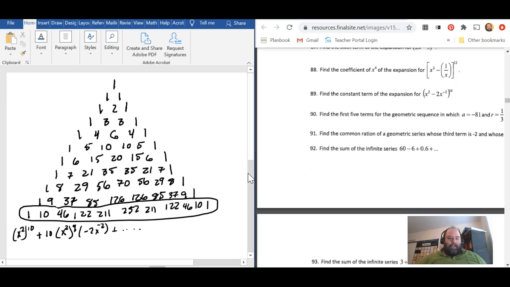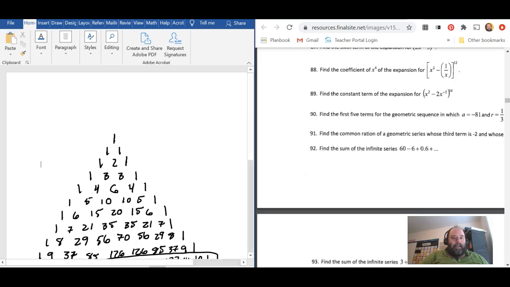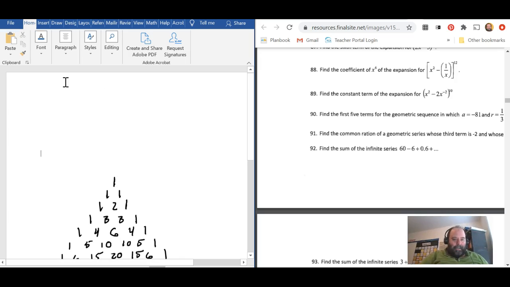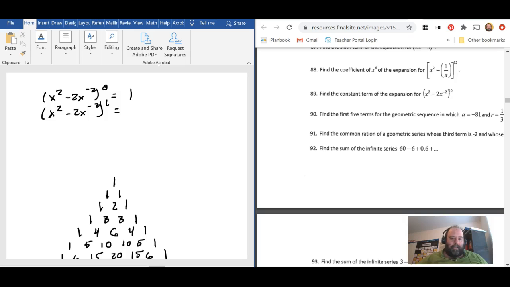The question is which one is the constant term in this? So let's take a look at something. Let's just expand a little bit here, and something becomes really obvious. If I had x squared minus 2x to the negative 2 to the 0th, I get 1. To the first, I get x squared minus 2x to the negative 2.